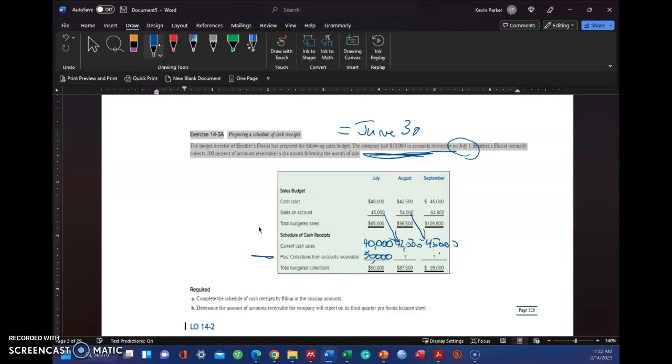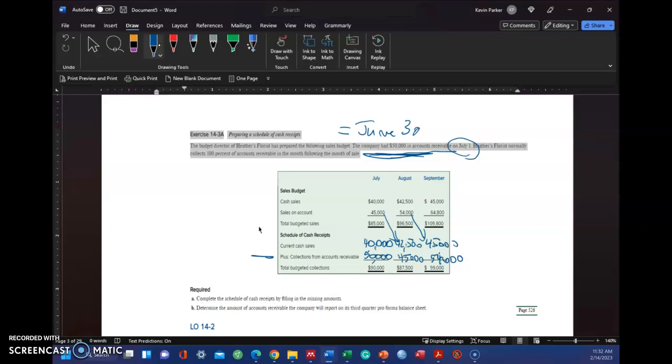Literally, you're going to bring in the July sales on account to August because they're going to collect 100% of those. They said normally they collect 100% in the month following. And then when you add up, that's 99, 87.5, and 90,000.